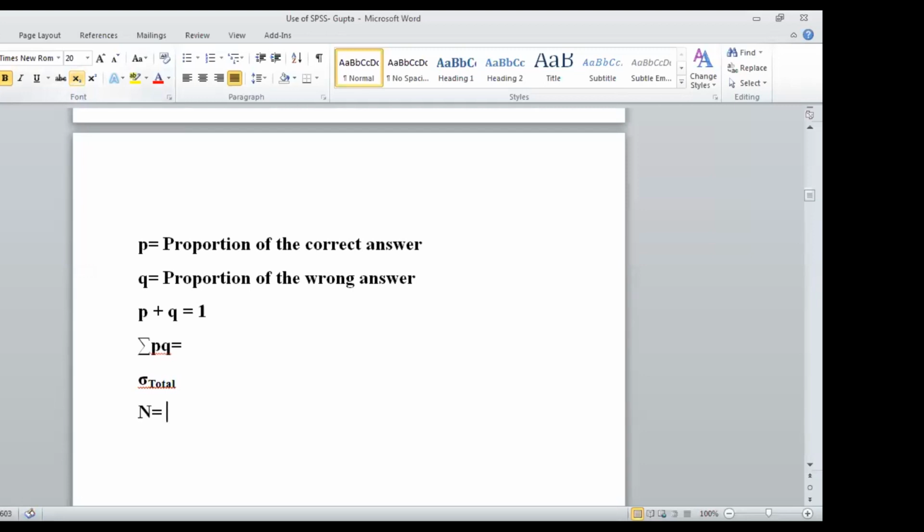N is the total number of, or you can say the size of sample. Now, in this case, I have taken 600.